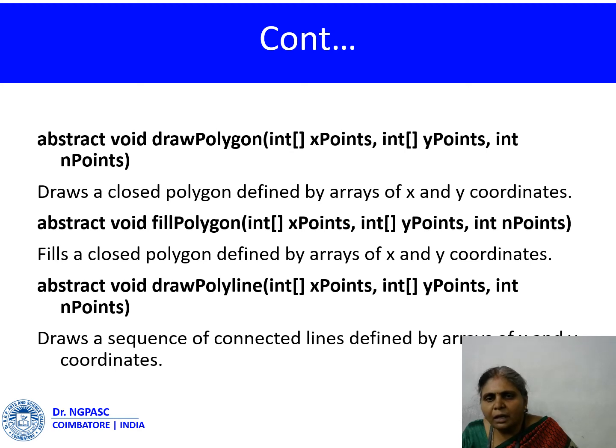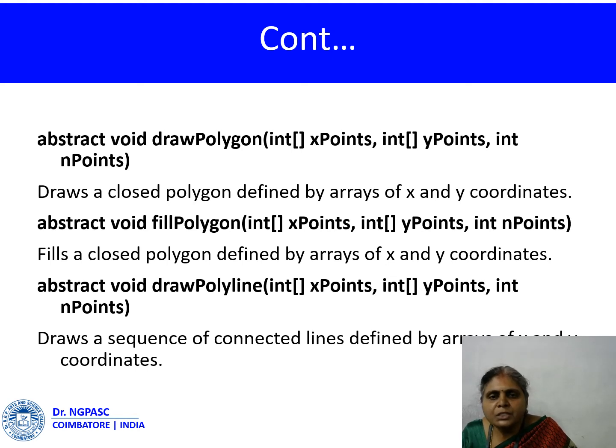The same number of y values are there in the next parameter, also an integer array. Then the third parameter is how many points we have in that polygon, so that the polygon will be a closed one, starting from the starting point and again reaching the starting point.